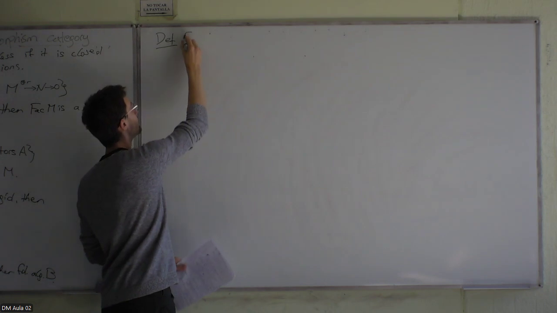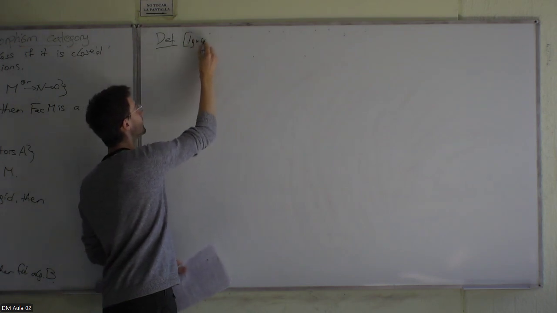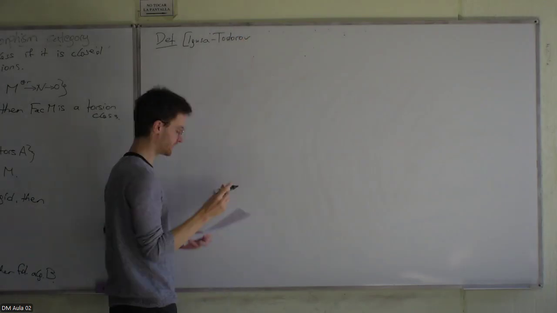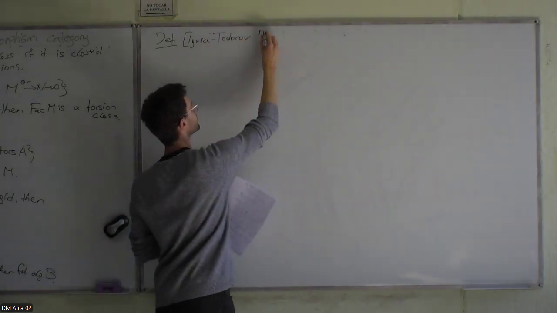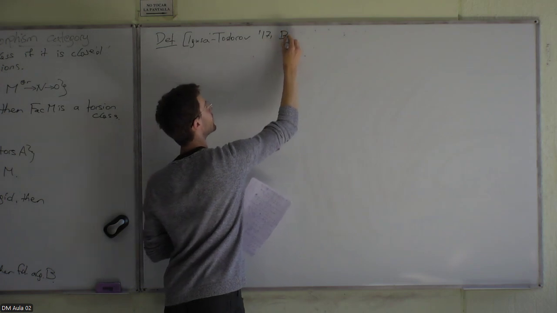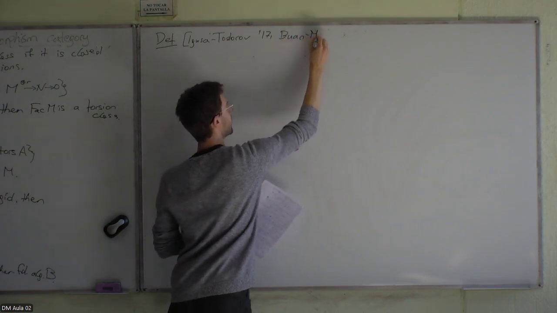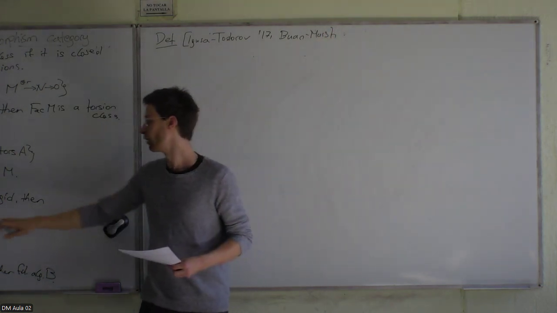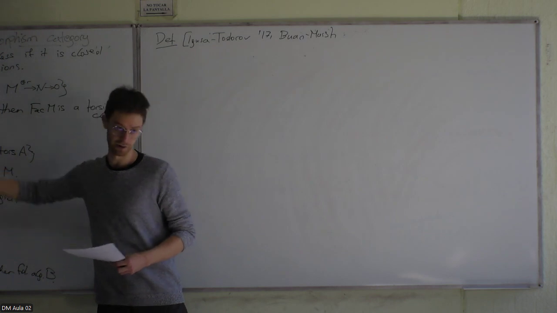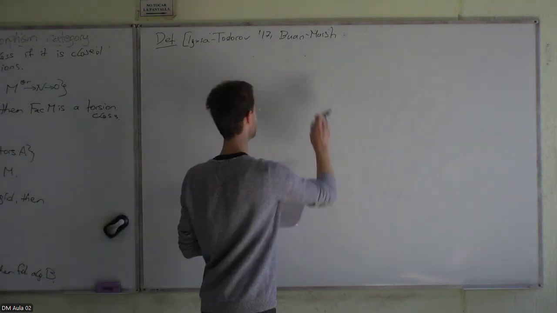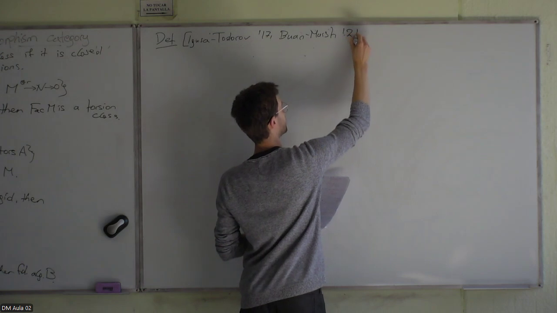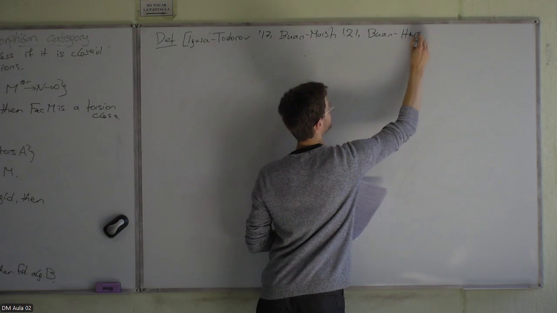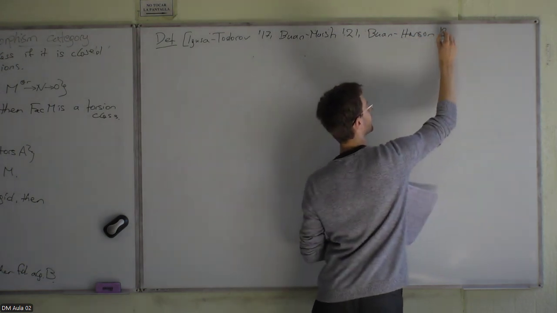Firstly, Igusa and Todorov defined this category for hereditary algebras in 2017. Then Buan and Marsh did it for algebras for which there are only finitely many basic tau-tilting pairs, in '21, and then Buan and Hanson did it for all finite-dimensional algebras.